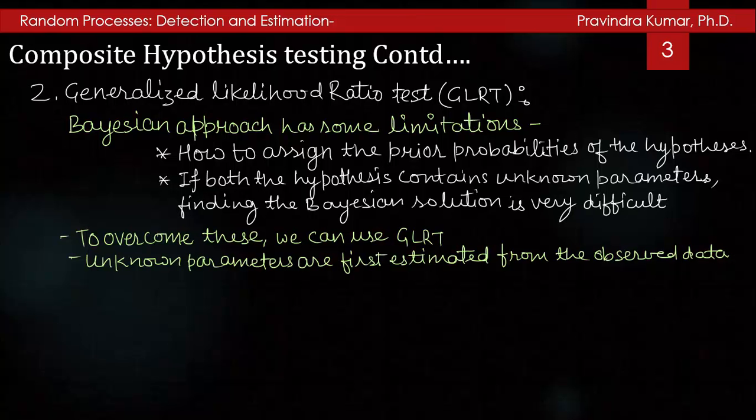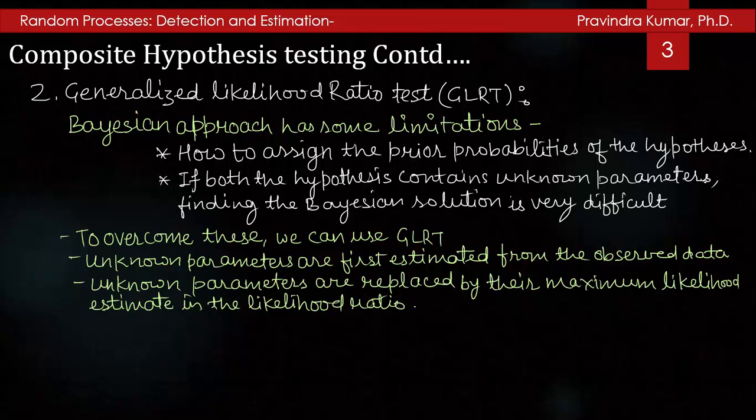In this approach, the unknown parameters are first estimated from the observed data under either or both hypotheses. In GLRT, the unknown parameters are replaced by their maximum likelihood estimates in the likelihood ratio.